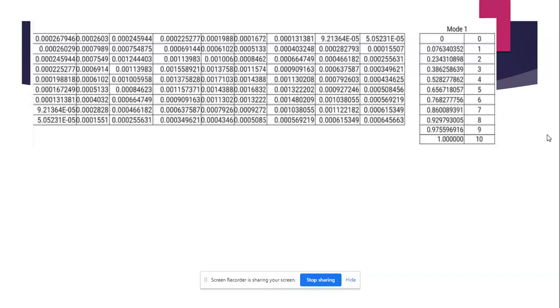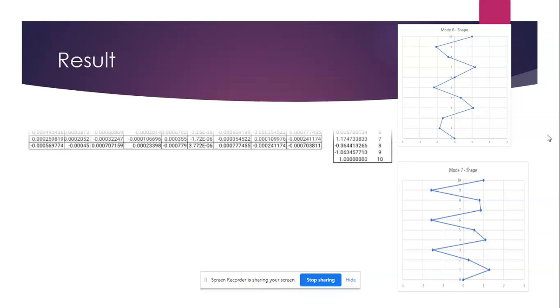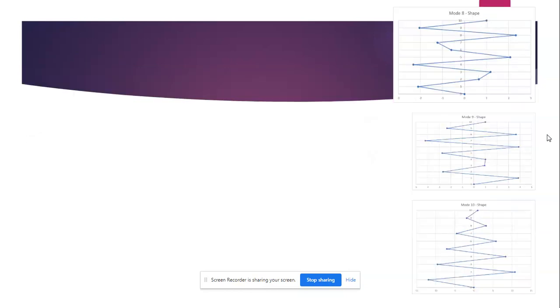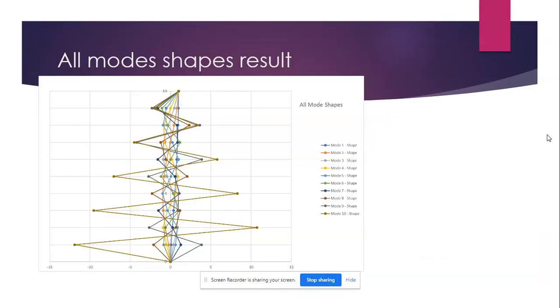The 9 by 9 matrix is multiplied by the transposed column to get the mode shape. So this is the result. As a result, we have the values and the mode shapes for mode 6 to mode 10. Here are the results for all mode shapes.